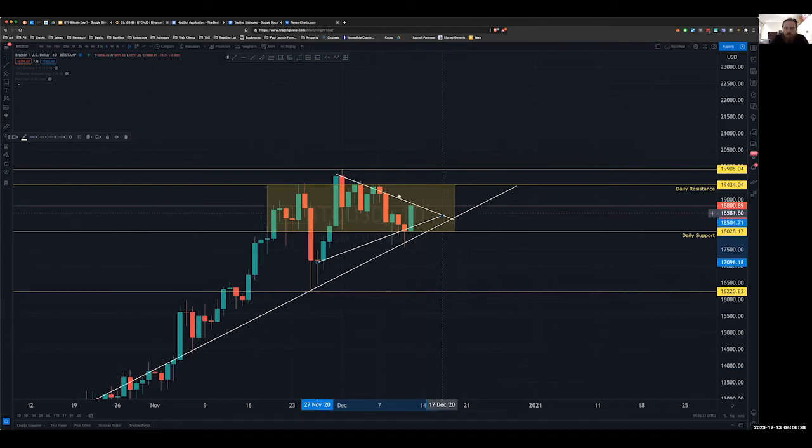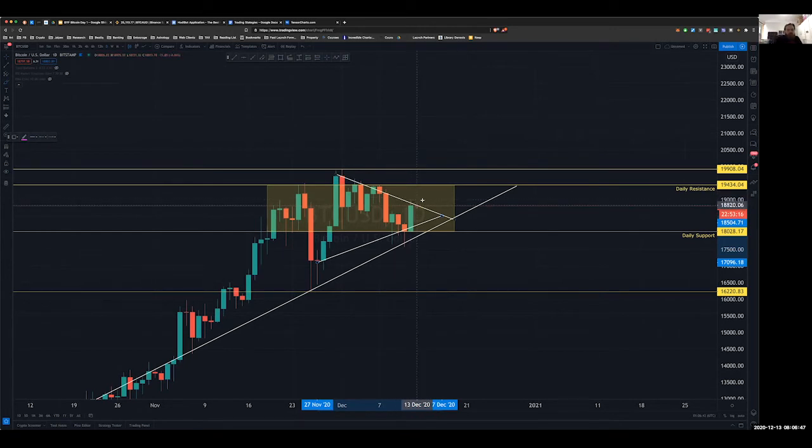I'm looking at this particular area in yellow, and I'm looking at this line here potentially being broken. I'm looking at, okay, what's going to happen at this point?